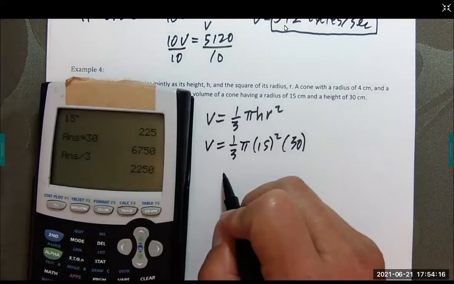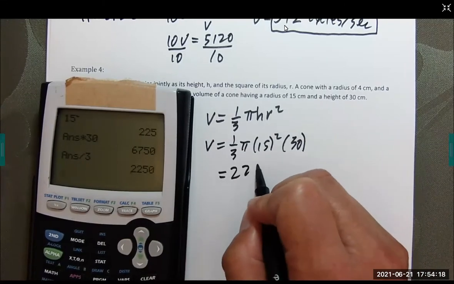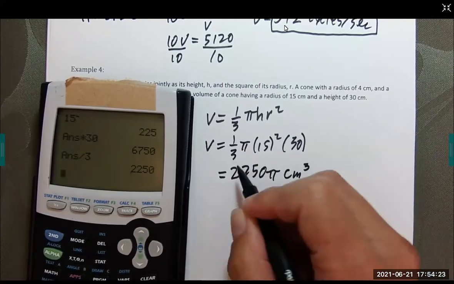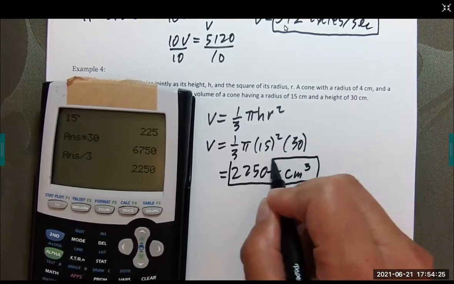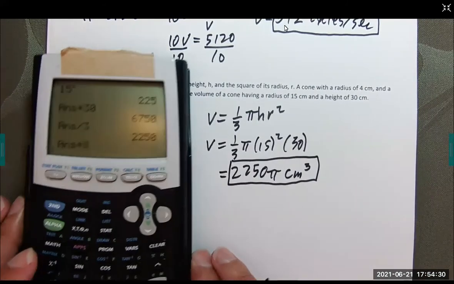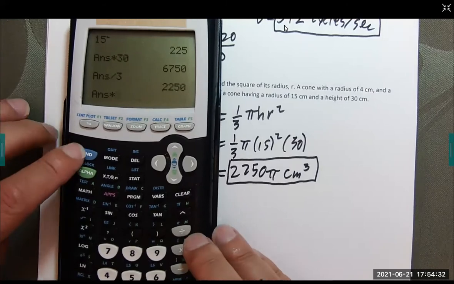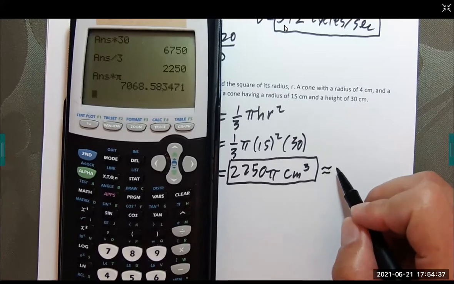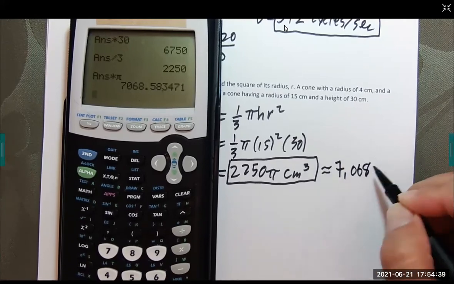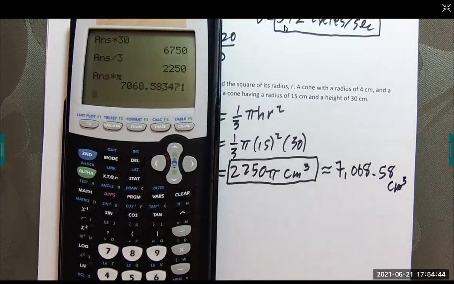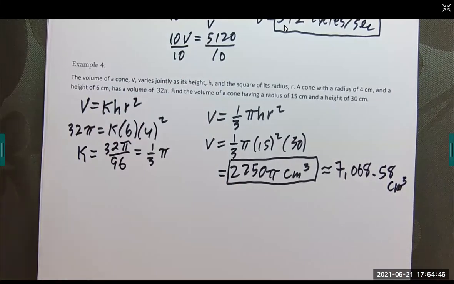So our exact answer is 2,250 pi cubic centimeters. And if we want an approximate answer, we just multiply that times pi. I have a pi button on mine. You have a pi button on yours as well. So this is about 7,068.58 cubic centimeters. Not too tricky stuff. Hope that helped.